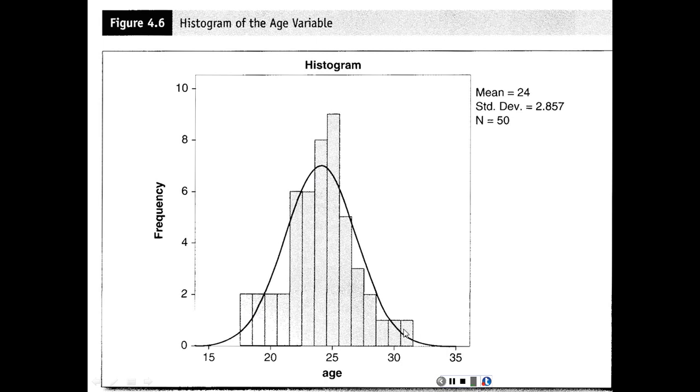There are a few people here who are a little older, and the majority of the people fall within this middle age range. So if we were to slice this normal curve vertically down the middle, the left half of the normal curve should be a mirror image of the right half.